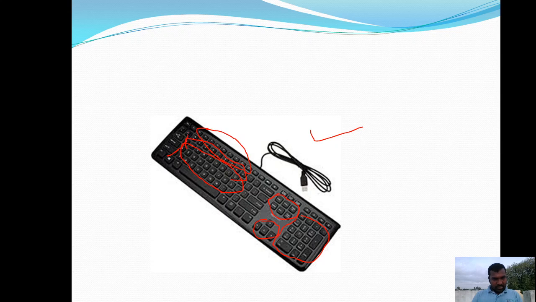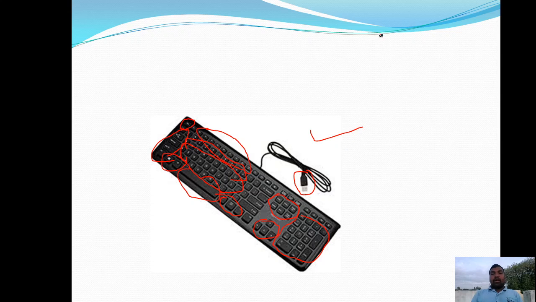These are also special keys, and this is the space bar. Control key, alternate key, windows key is here. And this is the escape key. So in this way the layout of the keyboard is organized. And here this is a USB type keyboard. Here we can see the USB.